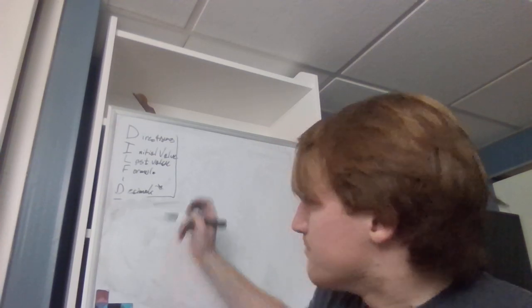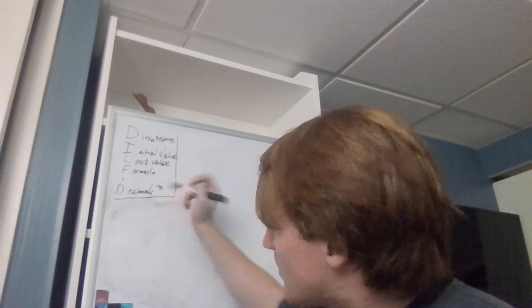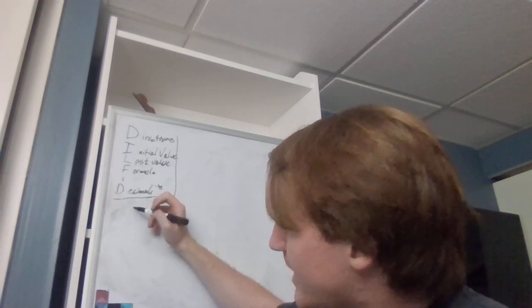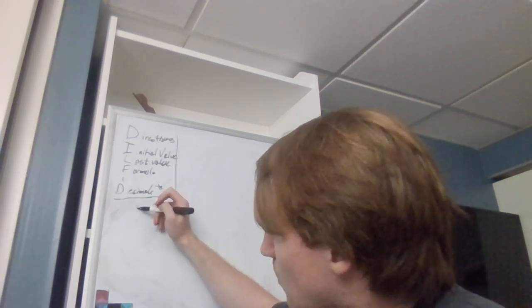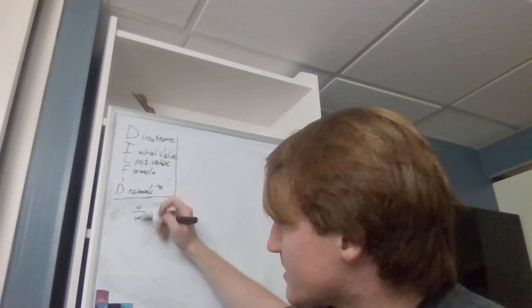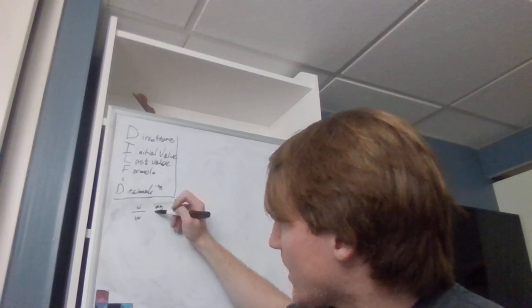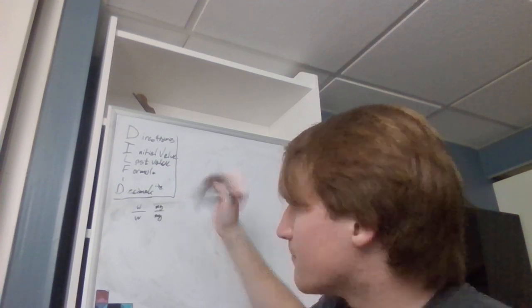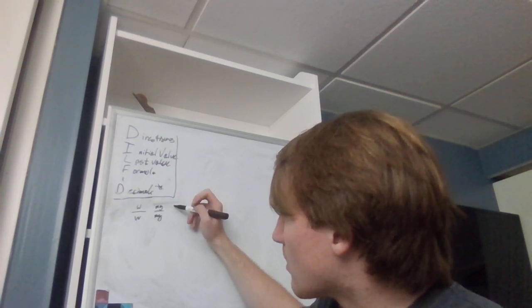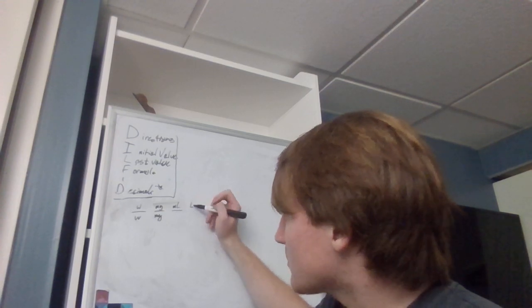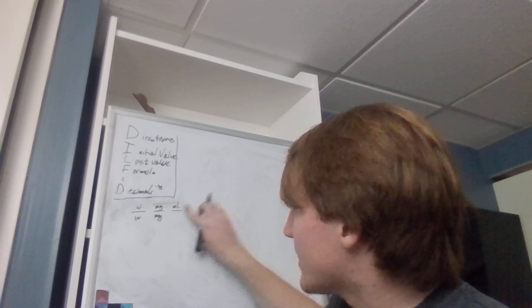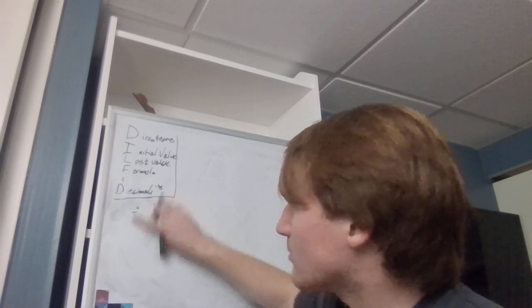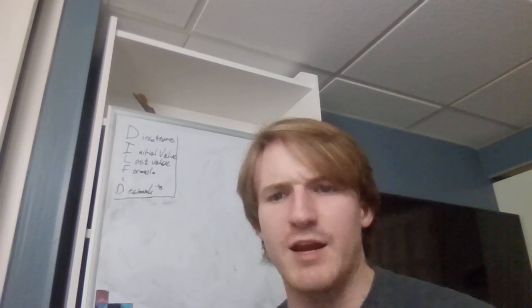So, parts per million is a ratio of either weight per weight of the same unit, so that could be milligrams per milligram of another thing, or milliliters per milliliter, or liters per liter. They just need to be exchangeable, dividable to make an effective ratio.